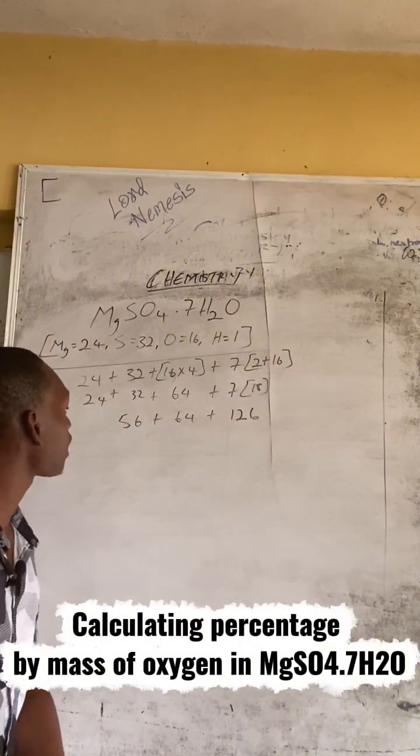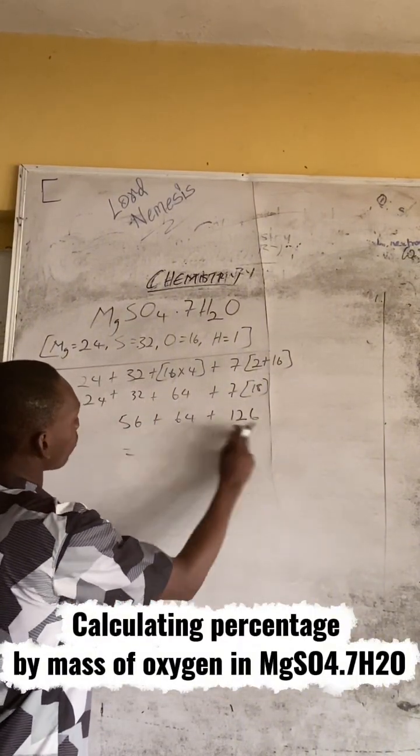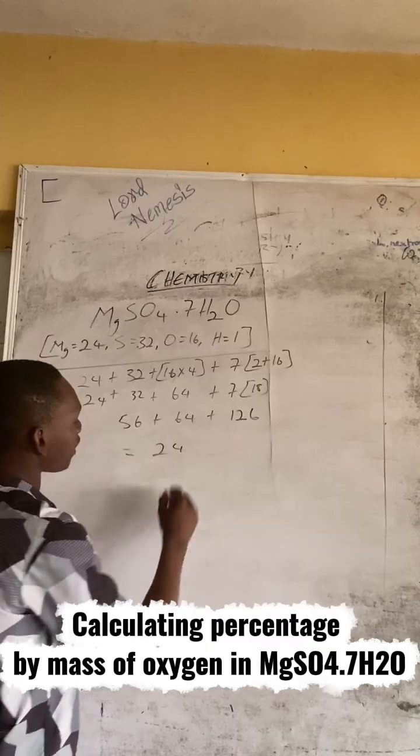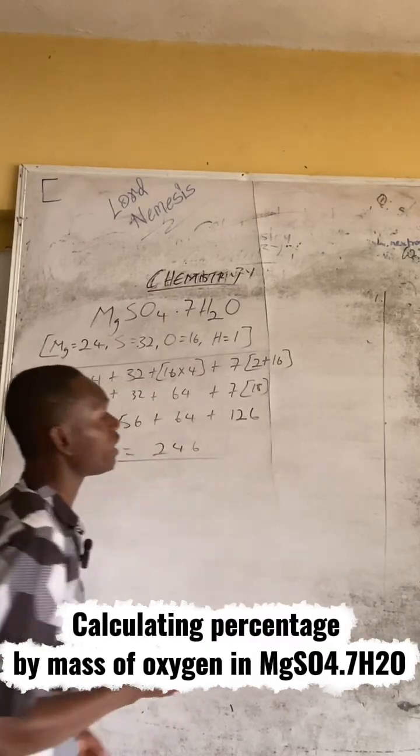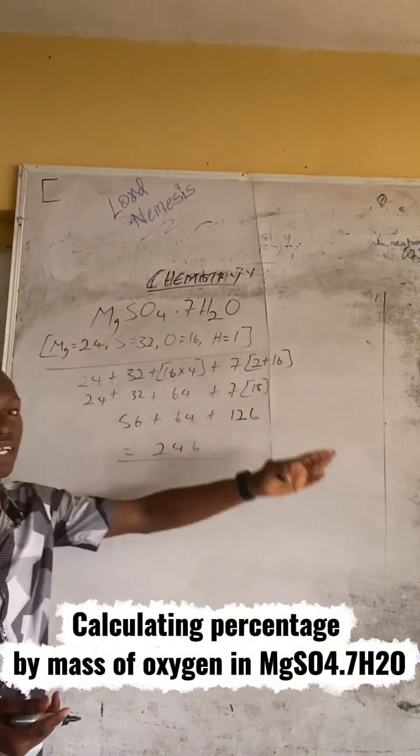If we sum all these numbers, our answer will be 246. So this is the relative molecular mass of this hydrated salt.